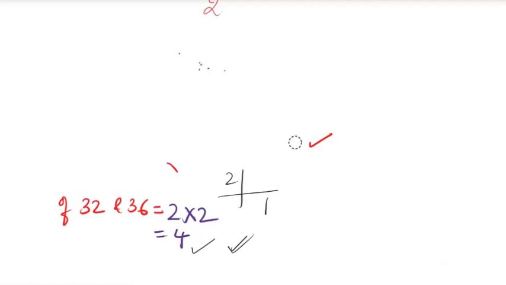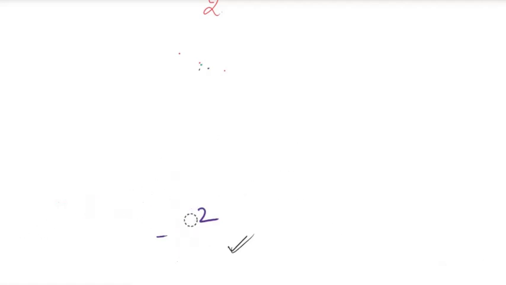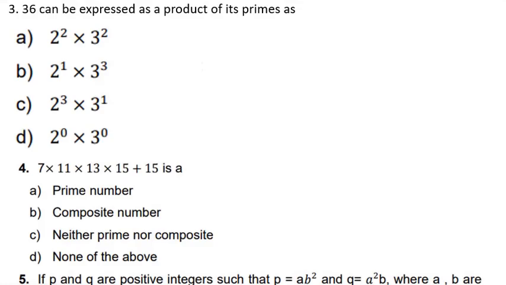Now we'll do the third part of this question. The third part is: 36 can be expressed as a product of its primes as. Just pause the video, try to factorize this 36 into its prime factors, and try to solve it on your own.